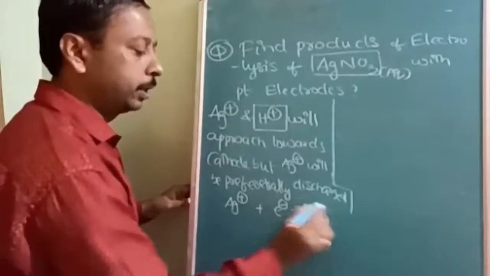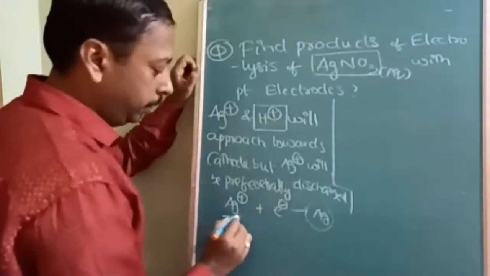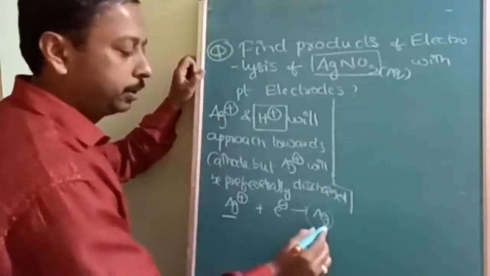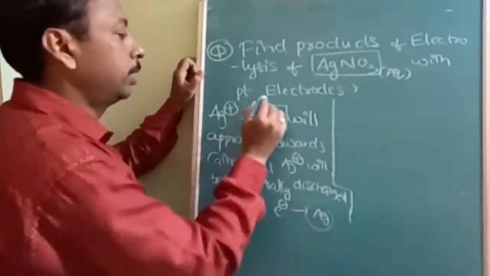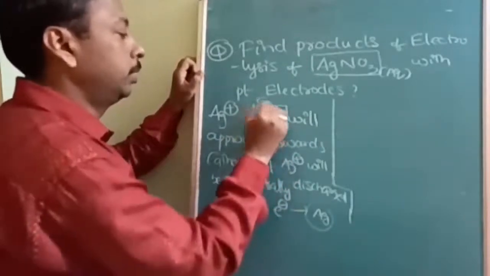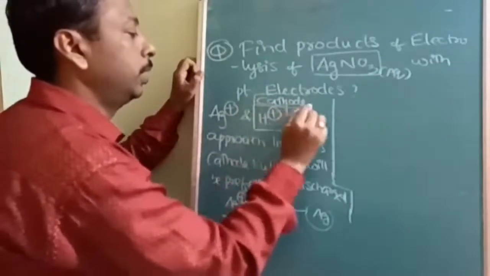So this is collected in the neutral form, not in the ionic form. This is before approaching, this is after the reaction. This is the reaction at the cathode.